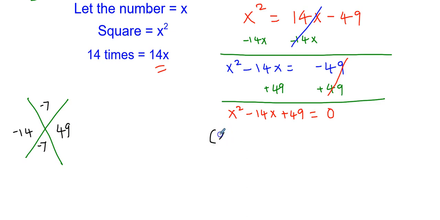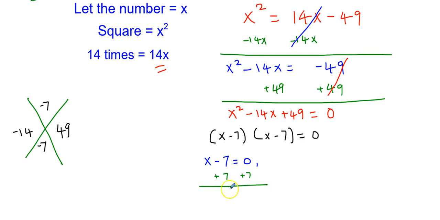Hence my factors are x minus 7 times x minus 7 equal to 0. Solve for x. x minus 7 is equal to 0, and it is repeated. Adding 7 gives me x is equal to 7. That's my x value, right?